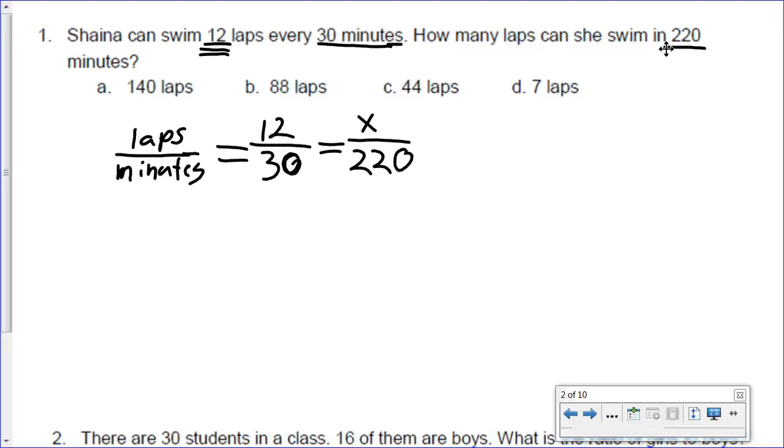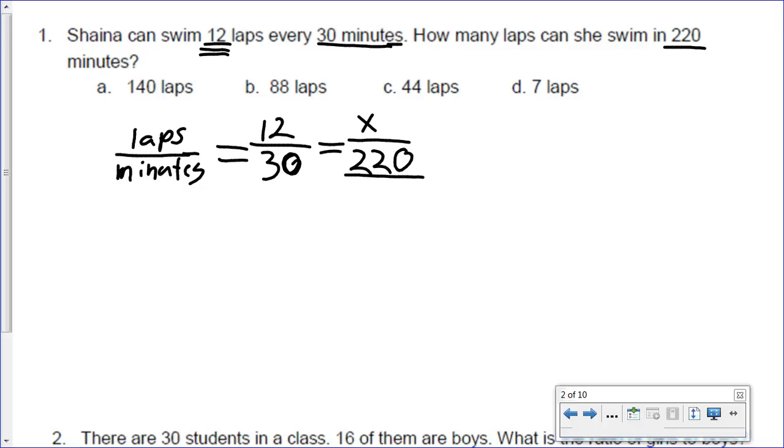Now, a neat thing we can do to solve for whatever this X is: if you have two fractions or two ratios that are the same, and you have one whole fraction and just part of the other fraction, you can always solve for the missing part. So basically if you have two fractions, there are four things. There's a top and a bottom on each one of them.